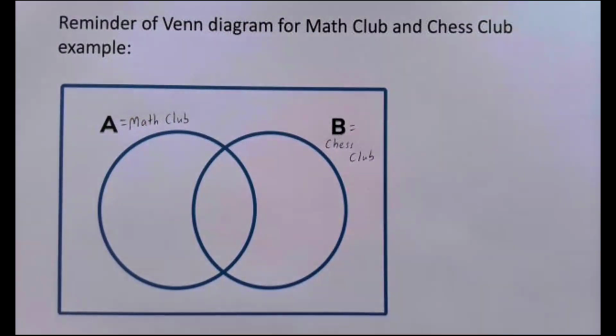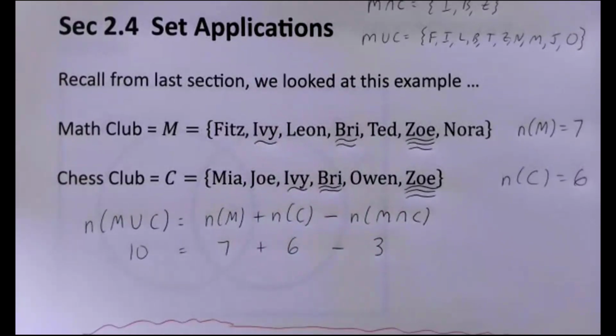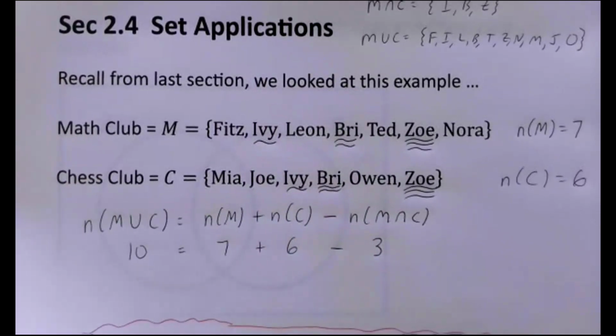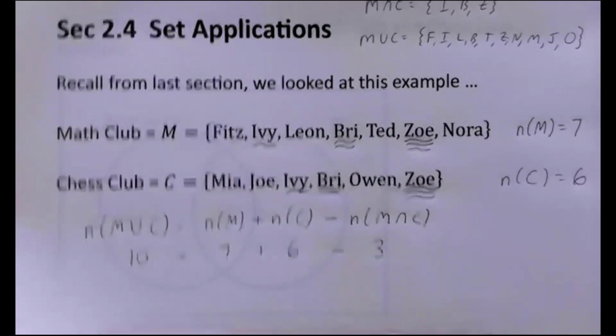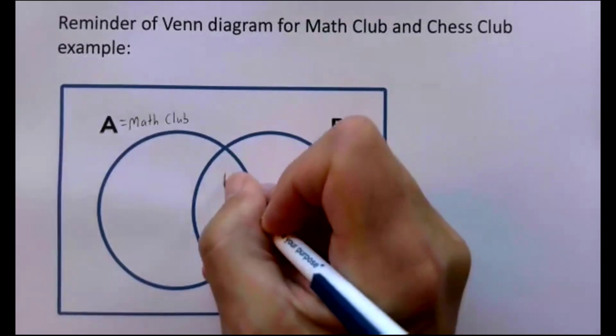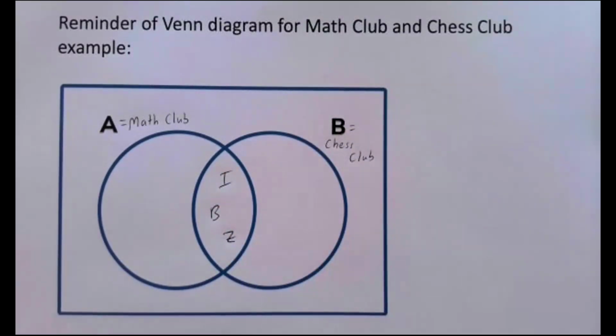When we're talking about the Math Club, we have Fitz and Ivy and Leon and Bree and Ted and Zoe and Nora. But remember, Ivy, Bree, and Zoe are in both clubs at the same time. So Ivy, Bree, and Zoe need to be written in there in the middle. That's making sure they're in both clubs, both circles at the same time.